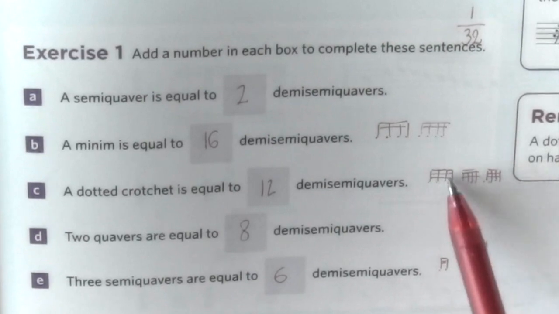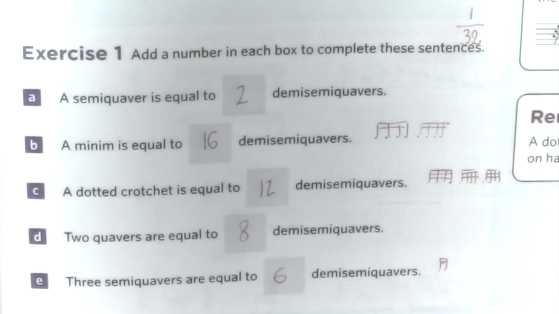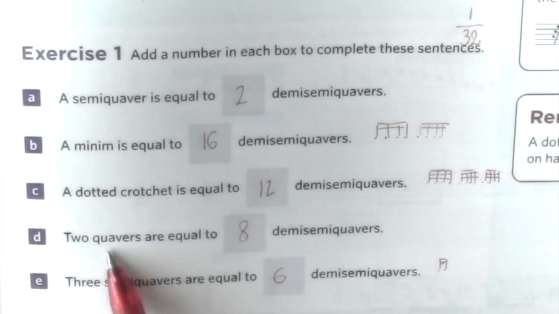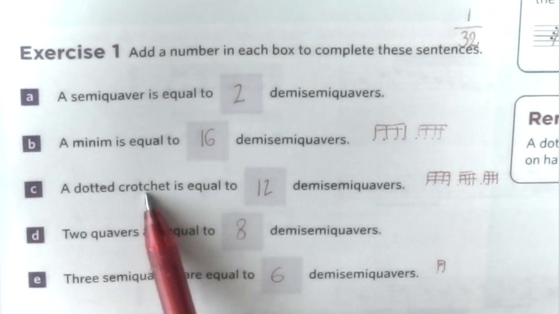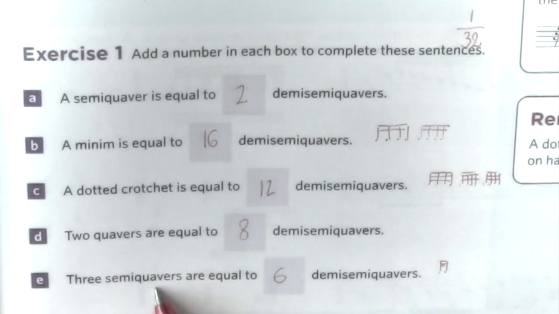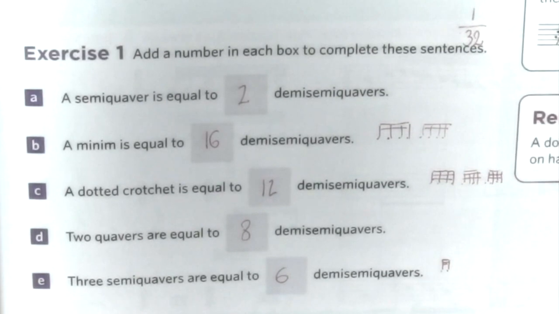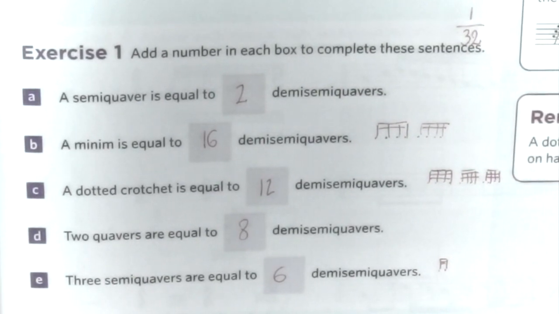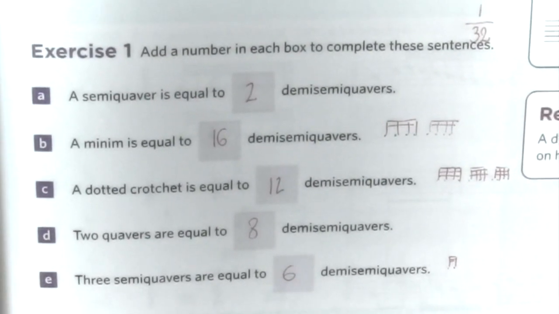Once you discover that 4 demisemiquavers equal 1 quaver, then you calculate the amount of quavers that you have in a value. So 3 in a dotted crotchet, 2 with quavers, and semiquavers are 2 demisemiquavers. And I hope that this is clear. Think in steps. And now let's move on to the second exercise.